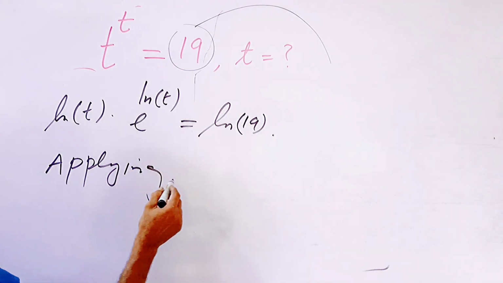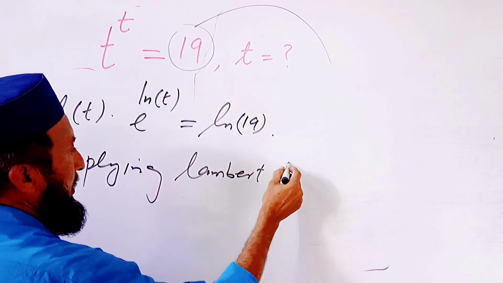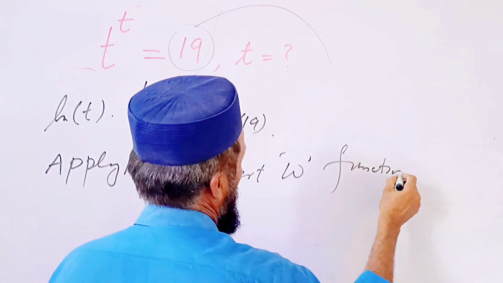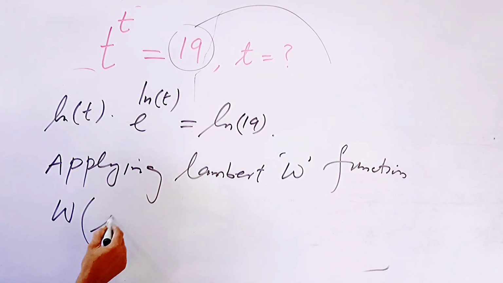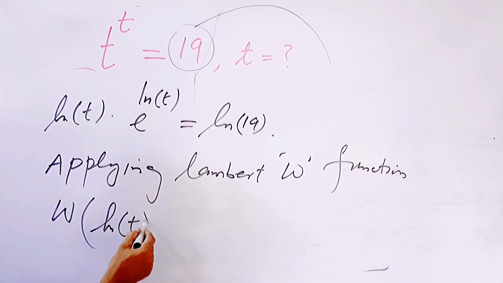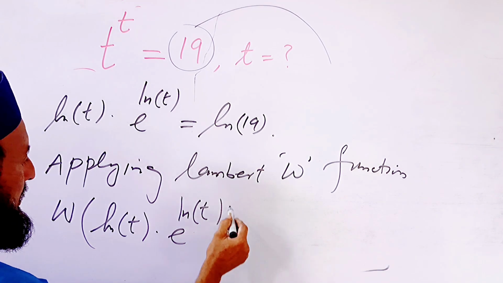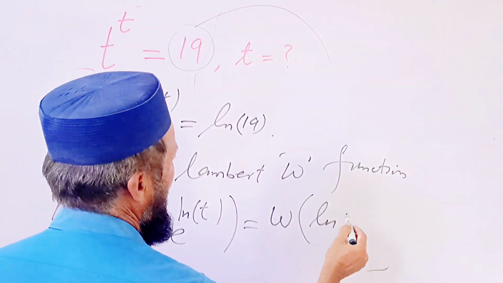Applying the Lambert W function on both sides, we can write W of (log of t times e to the power log of t) is equal to W of log of 19.